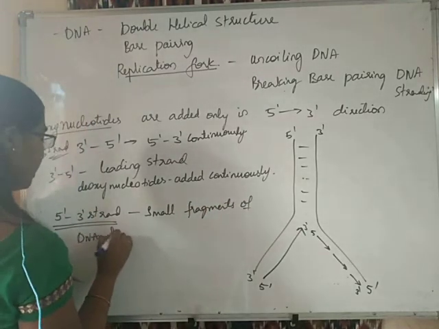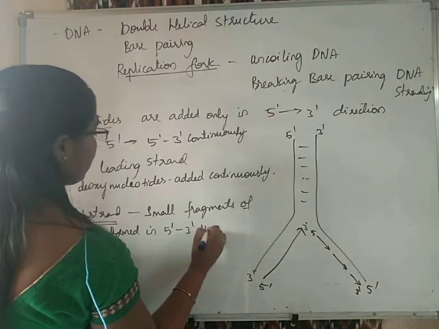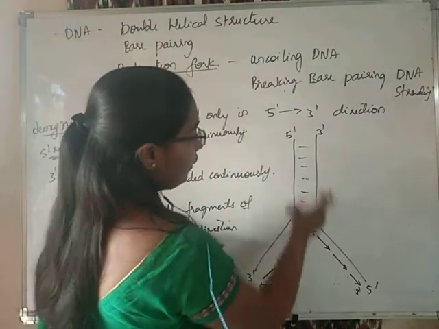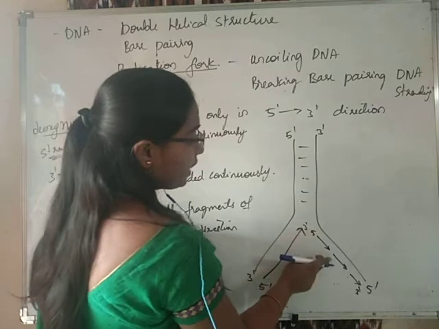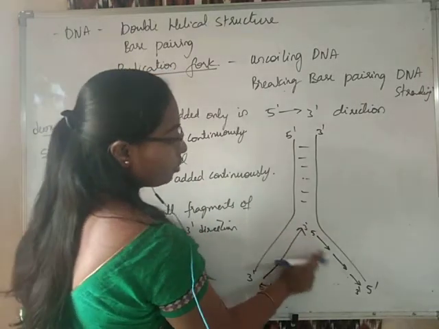Small fragments of DNA are formed in 5 to 3 direction, opposite to the replication fork. Opposite to the replication fork nucleotides are added.